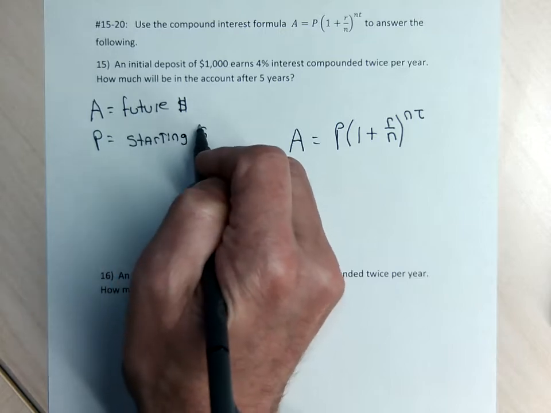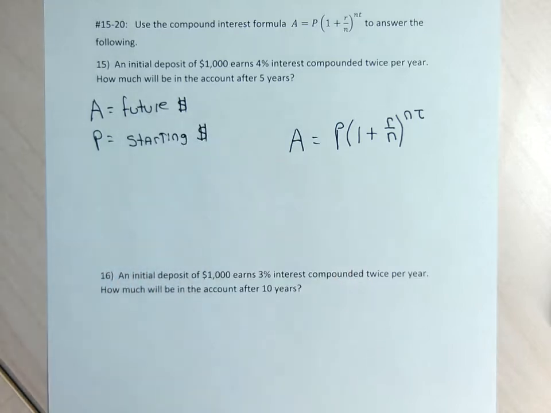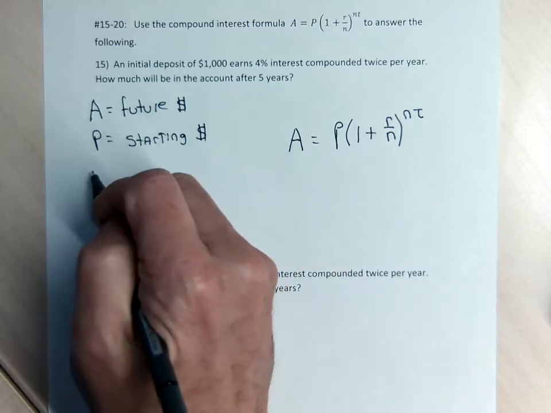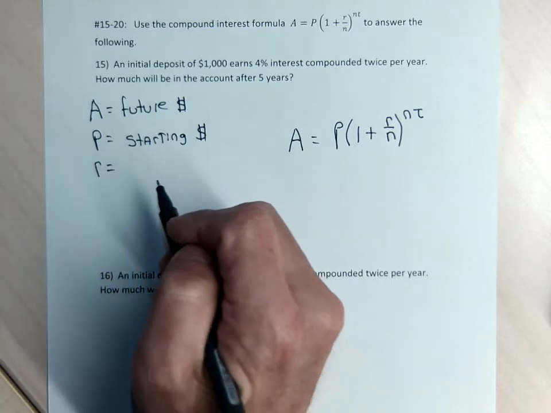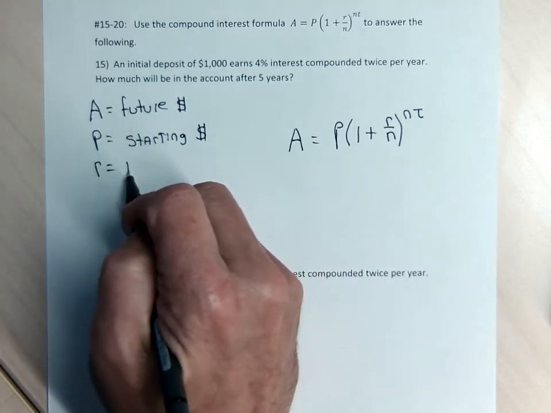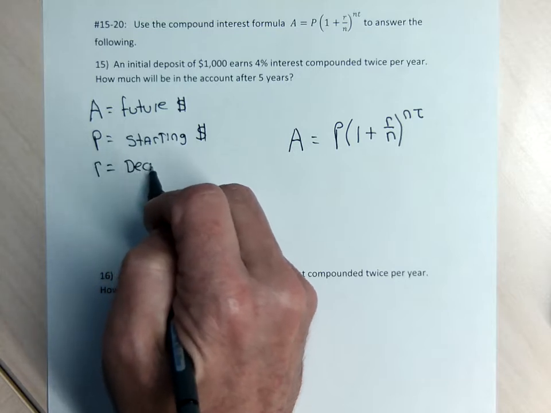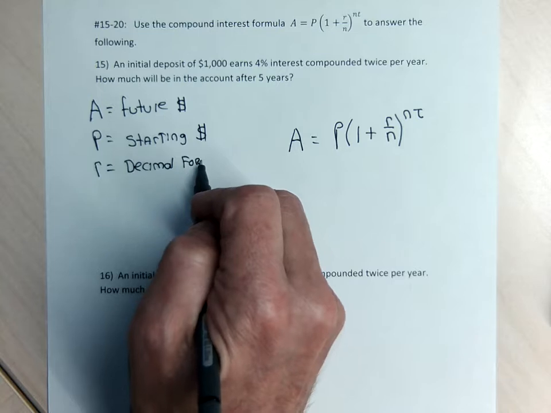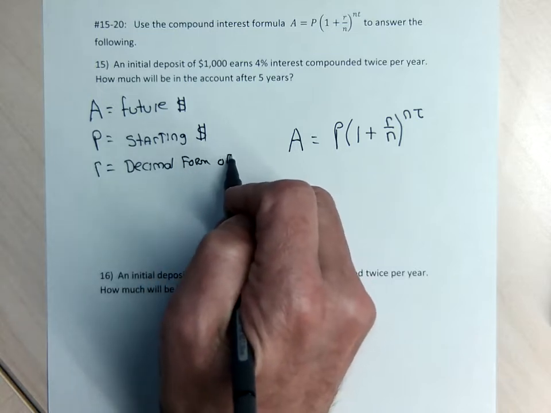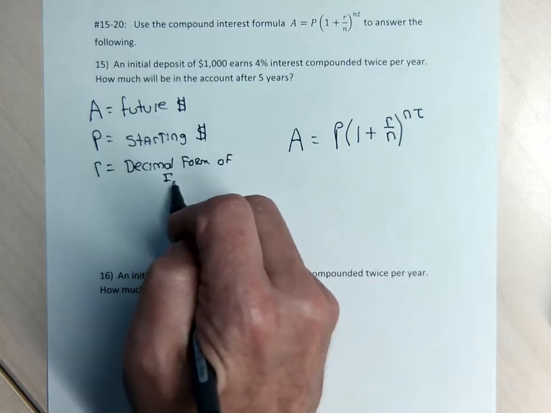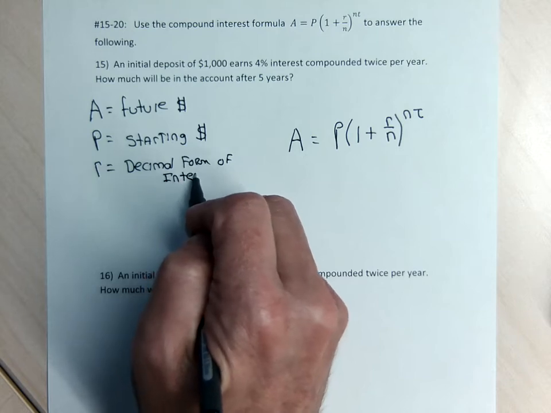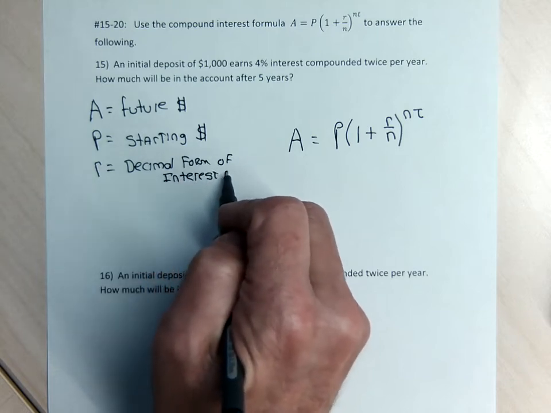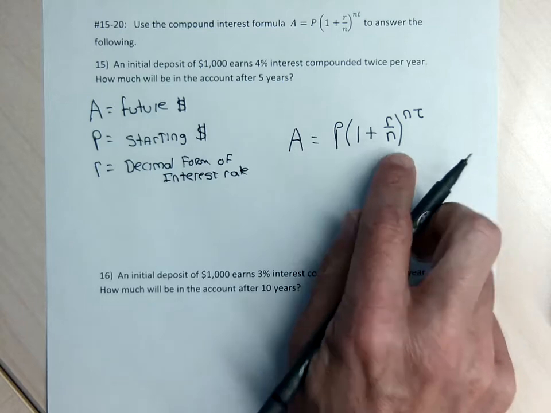times 1 plus R, and R is going to be the interest rate that you're getting, the decimal form of the interest rate. The N is the trick.